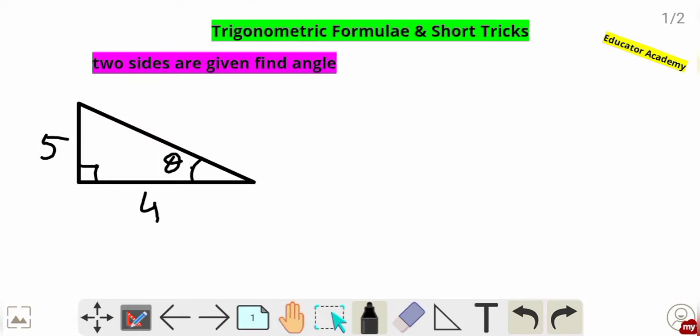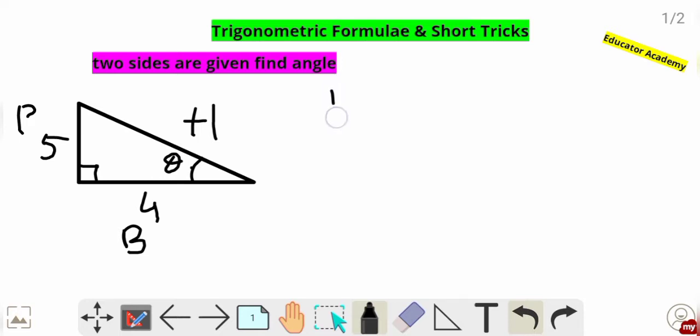So guys, in this case we have been given two sides of a triangle and we have to find the angle. As we know, the side opposite the 90-degree angle is the hypotenuse, the side opposite theta is the perpendicular, and the remaining side is the base. We have been given the perpendicular and the base.